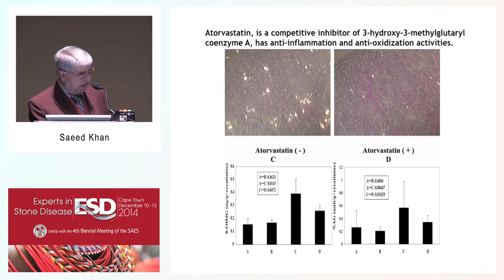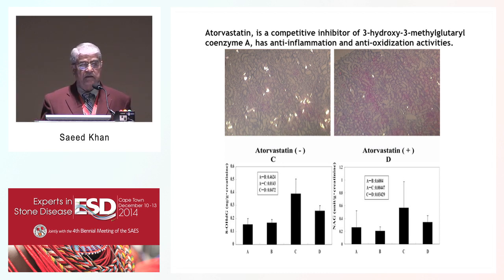The next one is again a rat model of hyperoxaluria, and in this case they gave them atorvastatin. It is another statin, which is an antioxidant, and here, this is without the treatment with the statin, this is with the treatment, and the crystal deposition goes down.